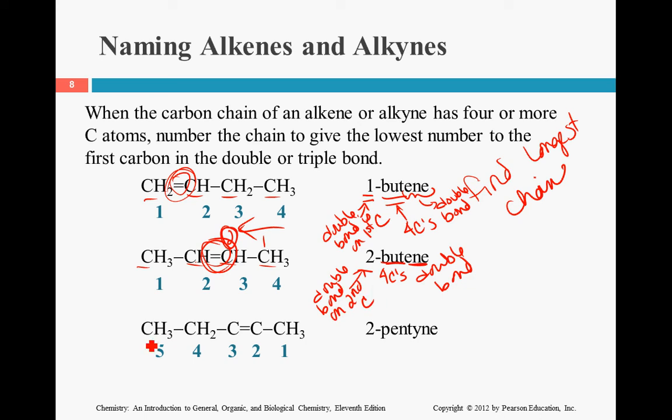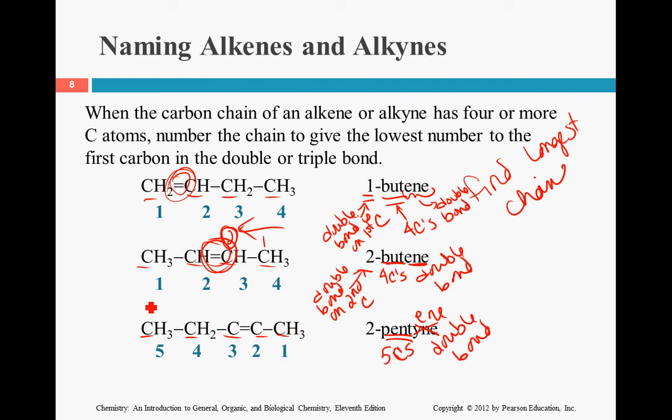So, on our last example, there are 5 carbons. This is actually a typo. That should say E and E, not Y and E, because it's a double bond. If it was a Y and E, this would have to be a triple bond here, not a double bond.